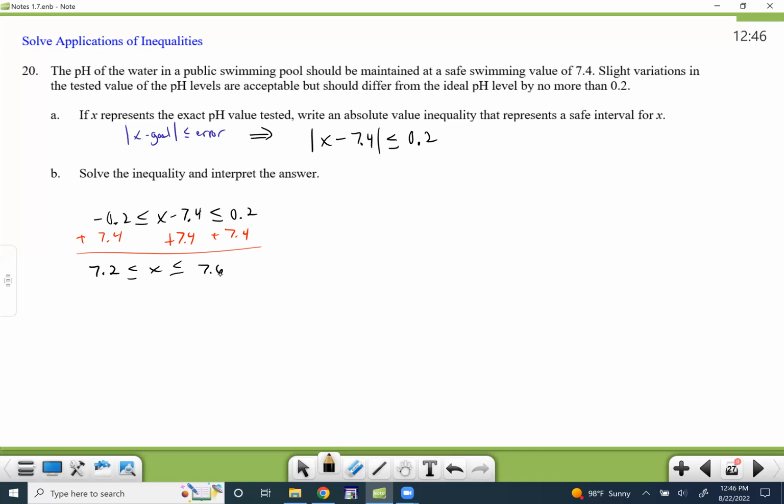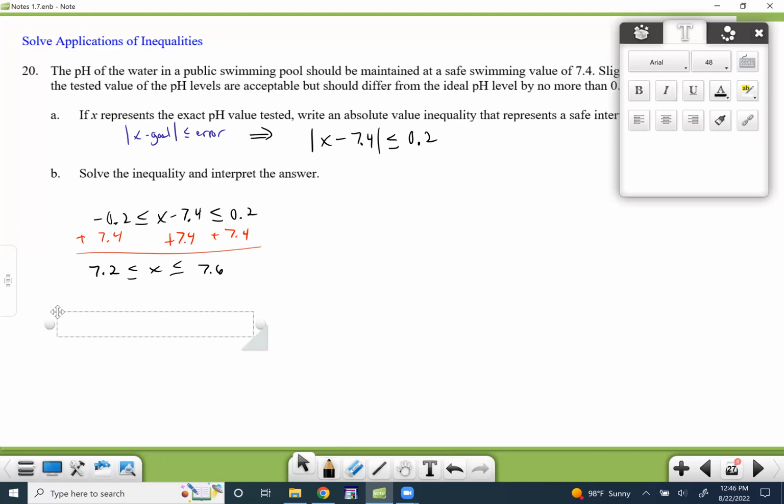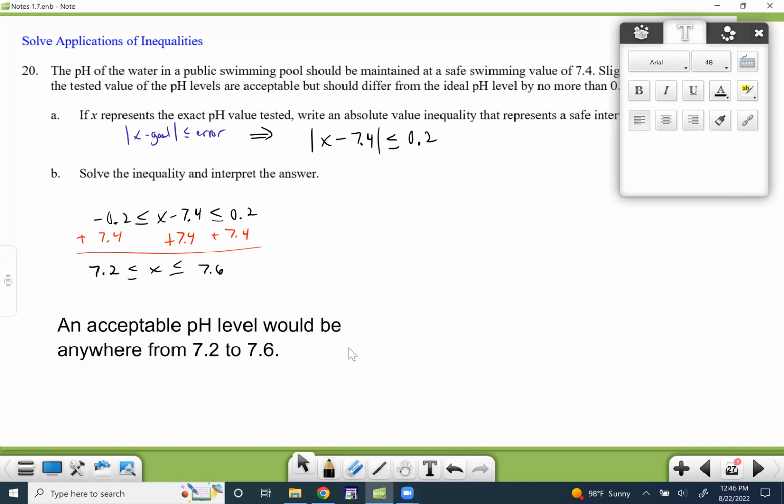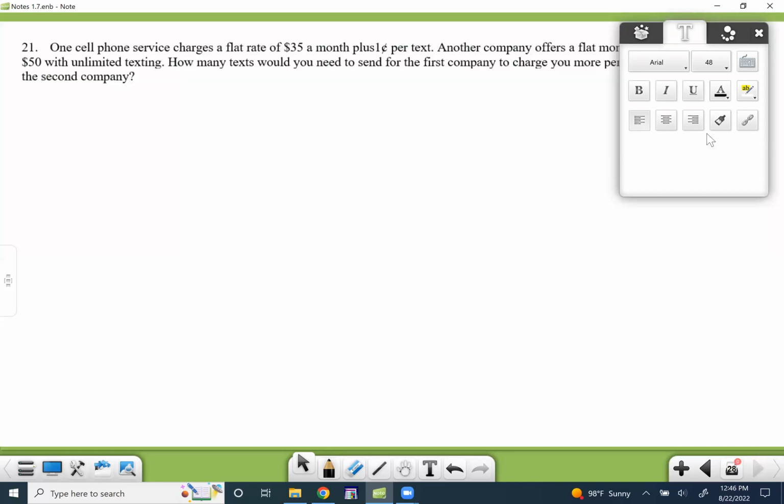Okay, so to interpret it, an acceptable pH level would be anywhere from 7.2 to 7.6. So pretty cool. Like, why do I care about these absolute value inequalities?